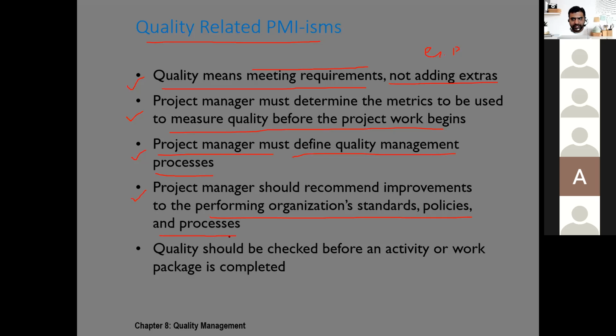So in case the project manager is following the organization's standard policies and processes, and he or she gets some learning, some feedback that, okay, this is a process or a procedure, or a form related to quality, that needs to be improved or can be improved, then he or she can give this feedback, this recommendation, back to the organization so that the organization can improve those processes, policies, and procedures at the organization level for the other project teams. Next.